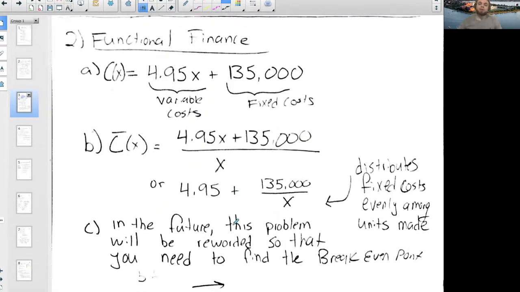All right, functional finance here. This is a financial math related question. With fixed costs and variable costs, as the name suggests, fixed costs mean that you pay this cost no matter what. An example I talked about once, students, is think about your rent or your mortgage.